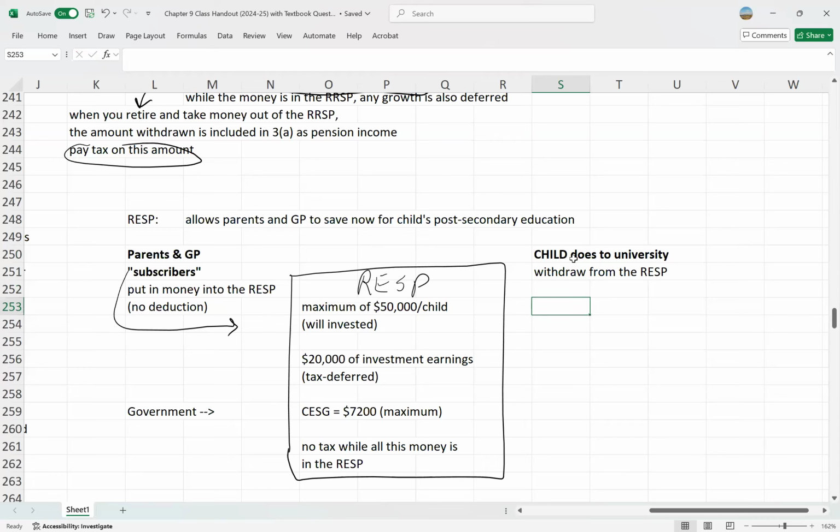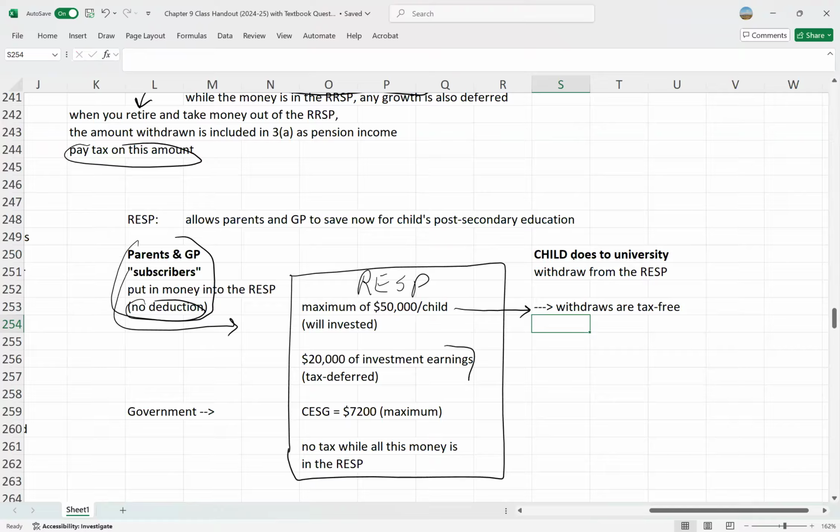If they decide to take money out of the contributions, these withdrawals will be tax-free. So if they take money out of this $50,000 that was initially invested by the parents and grandparents, that's tax-free because when the parents put the $50,000 in, they did not get a deduction. They put in money after they paid taxes. And so if they take money out of the $50,000, that will be tax-free.